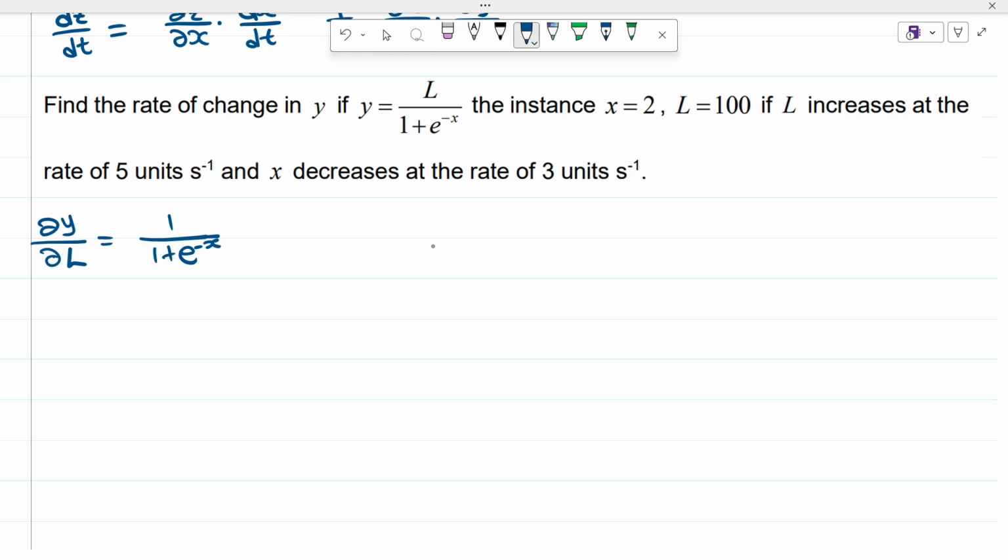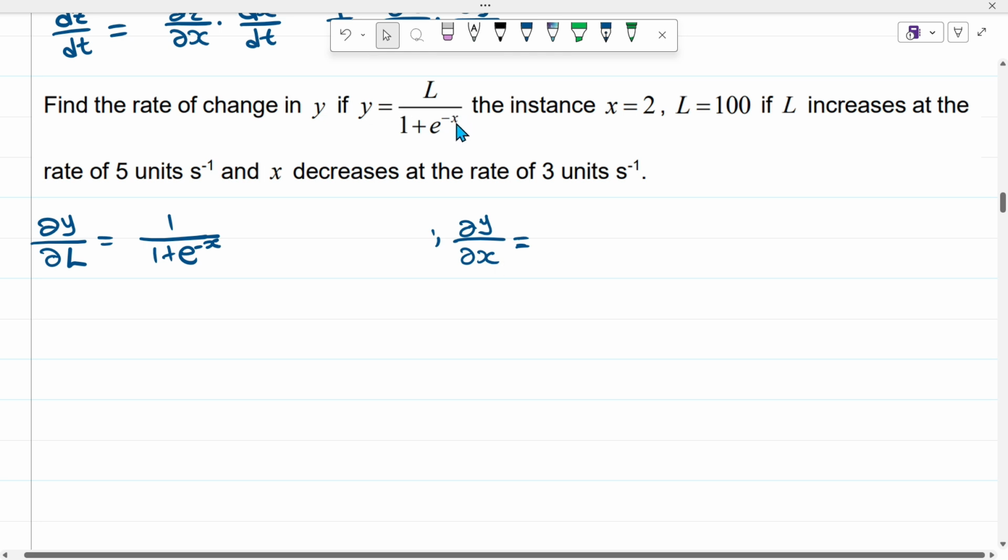And then with respect to x, the partial derivative of y with respect to x will be equivalent to what? If we differentiate with respect to x, that means L is a constant.